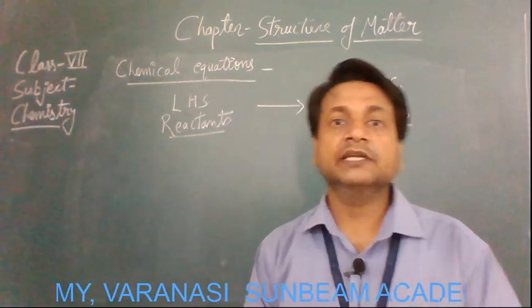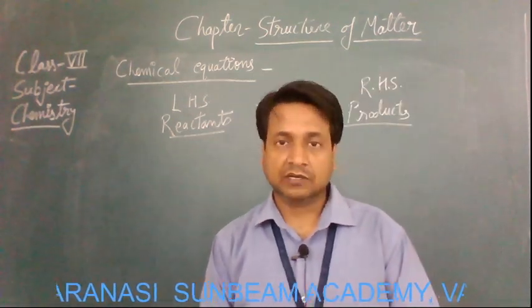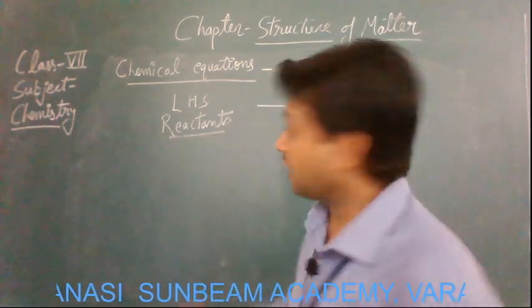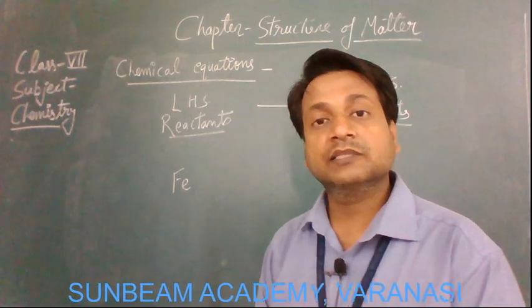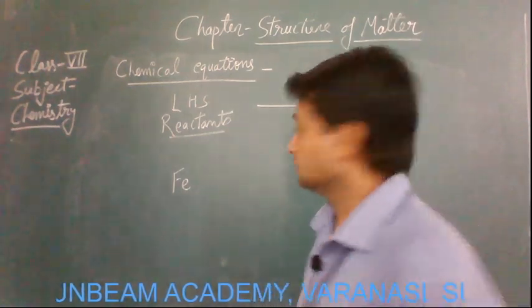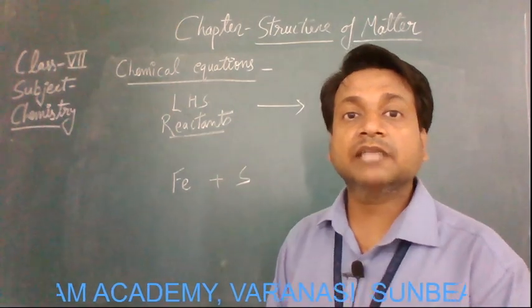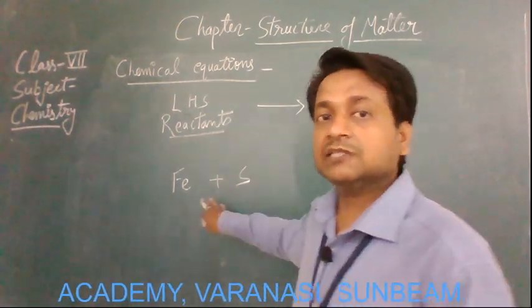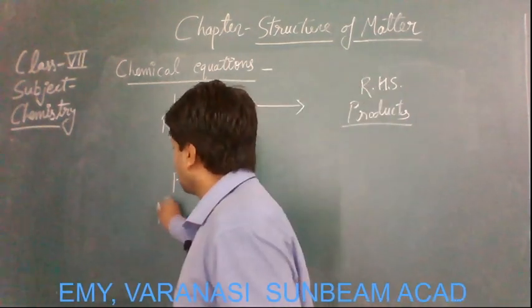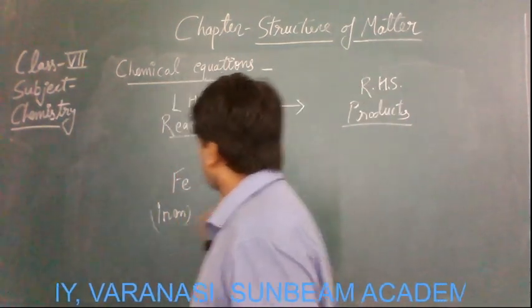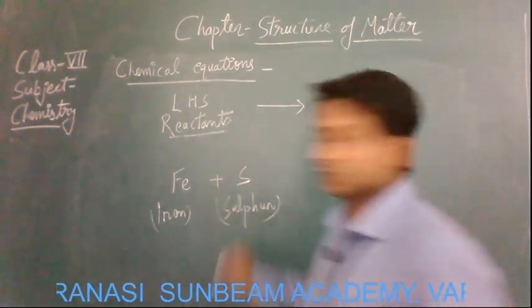As we have studied, when iron reacts with sulfur, the symbol of iron is Fe and the symbol of sulfur is S. They both will be termed as reactants, and the reactants are always written on the left hand side. So this is iron and this one is sulfur.